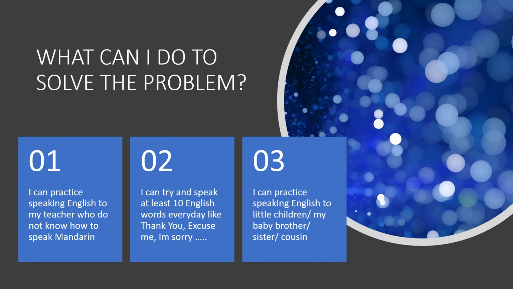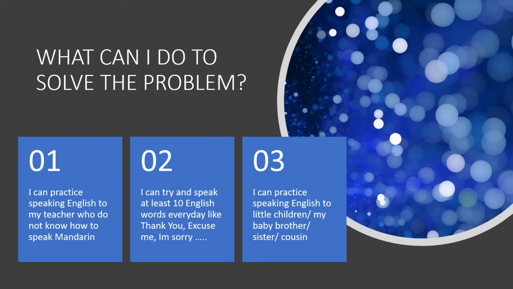Number one, I can practice speaking English to my teacher who does not know how to speak Mandarin. Second one, I can try and speak at least 10 English words every day. For example, thank you, excuse me, I'm sorry, and so on. And the last one, I can also practice speaking English to little children, my baby brother, my baby sister, or my baby cousin.